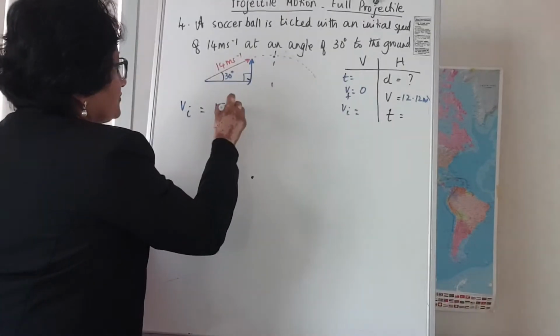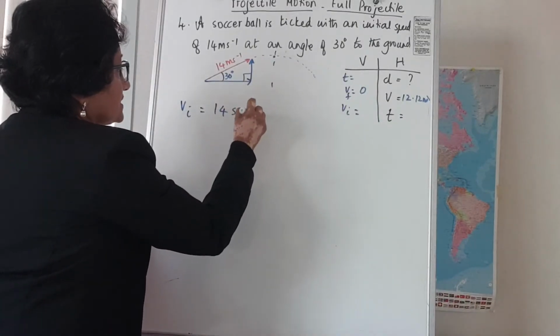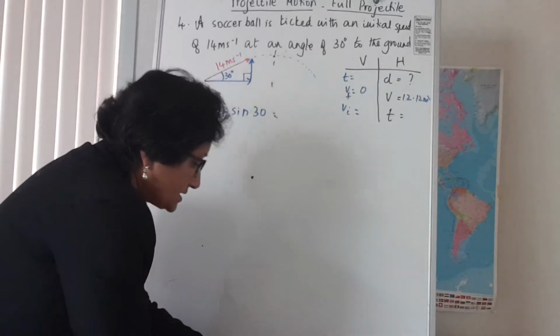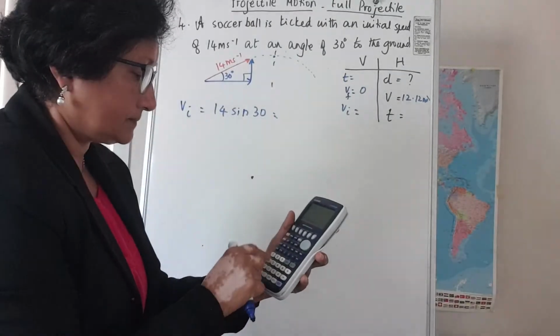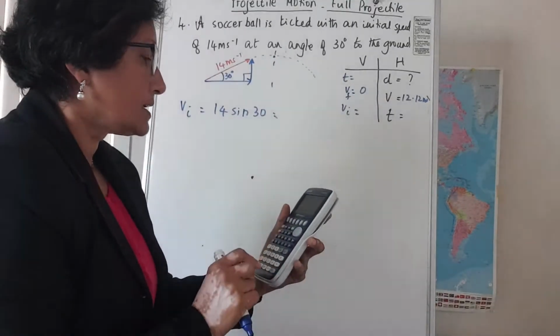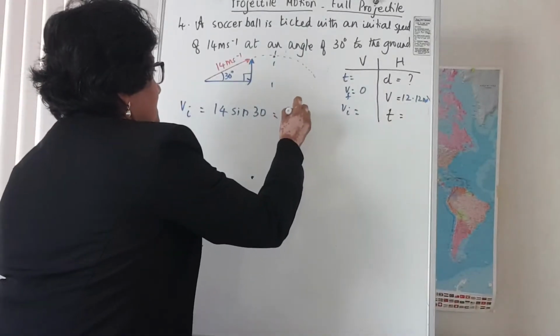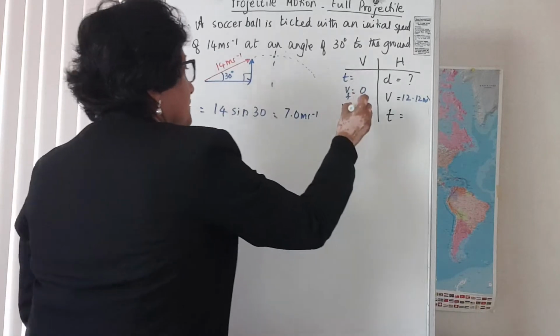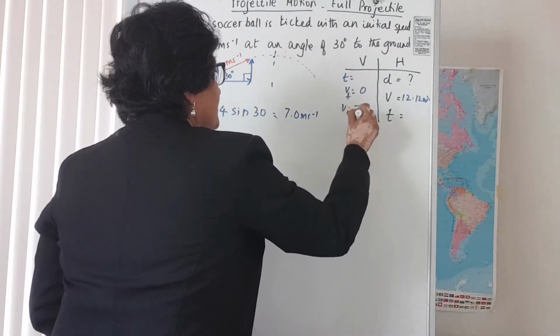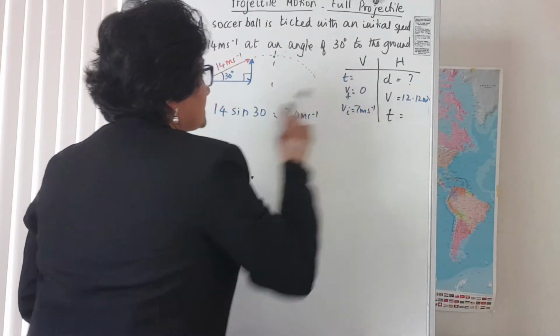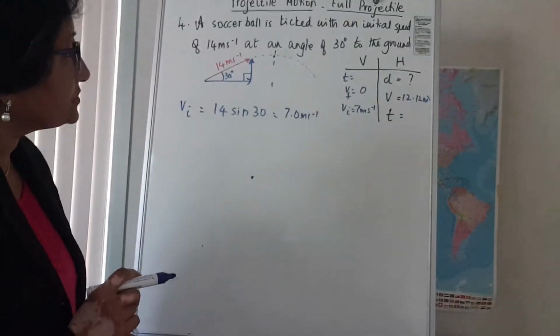So you're looking at 14 sine 30, which is 7 meters per second. So we know those two.